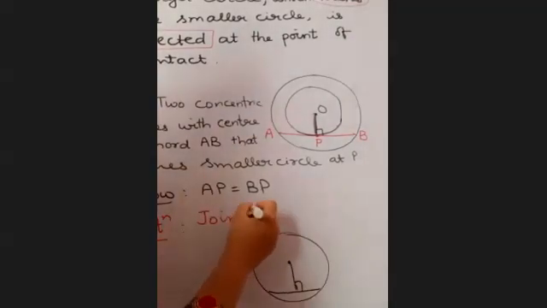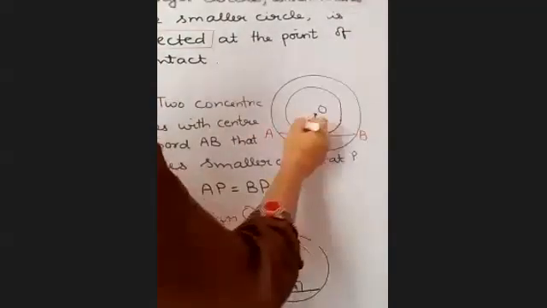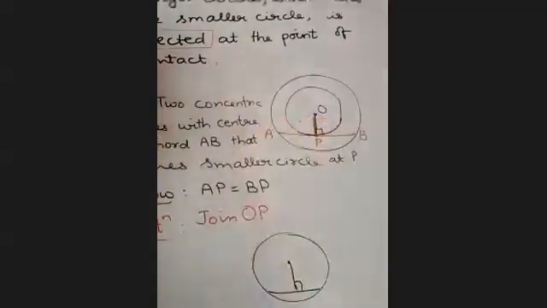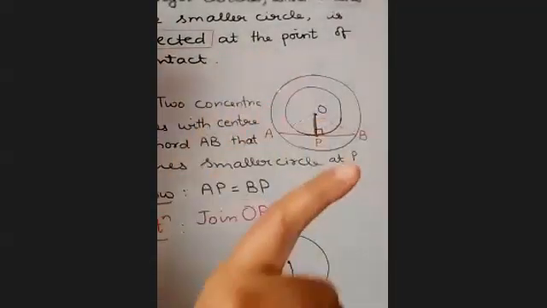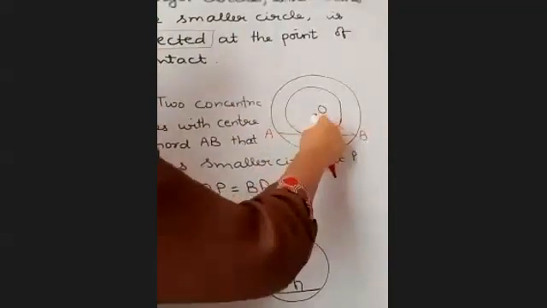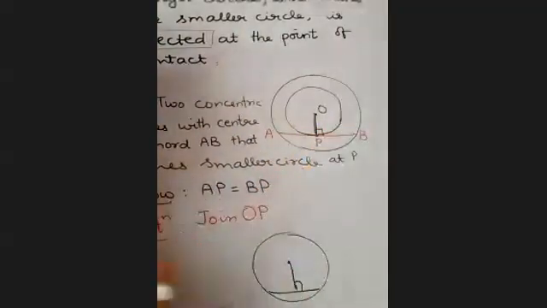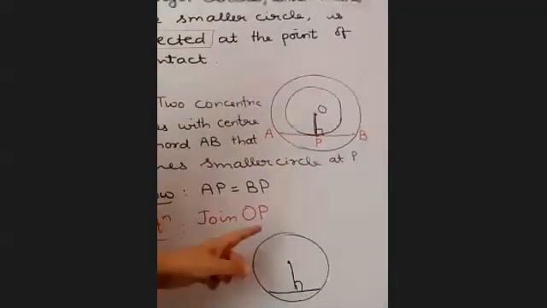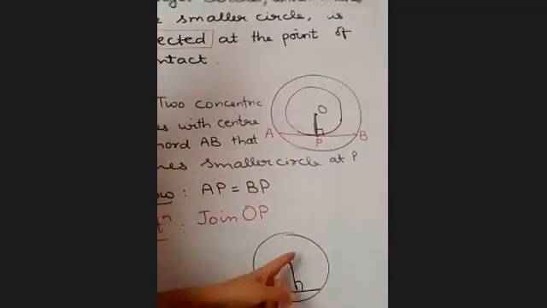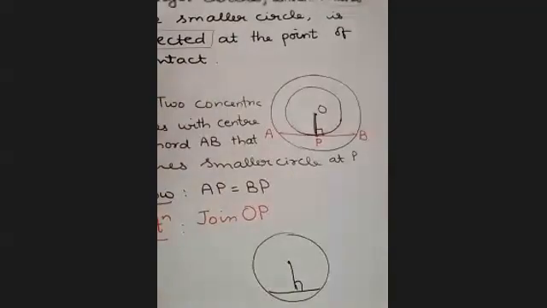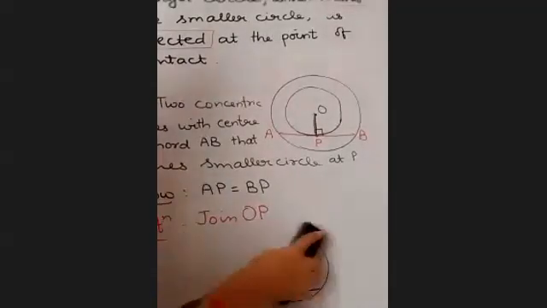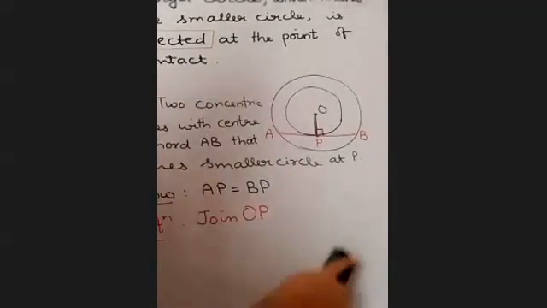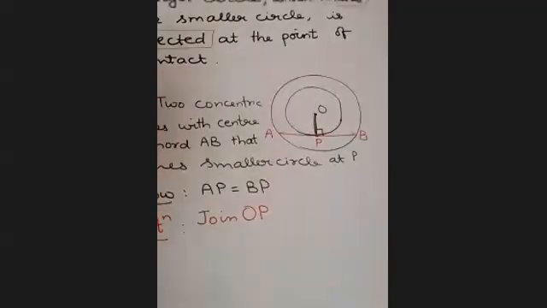So I am not joining OA and OB, because if you want, you can join them and prove these two triangles to be congruent. That is one way. Another way is we can directly apply the result we have done in class 9: perpendicular from the center bisects the chord. So directly we will get that AP is equal to BP. Clear?